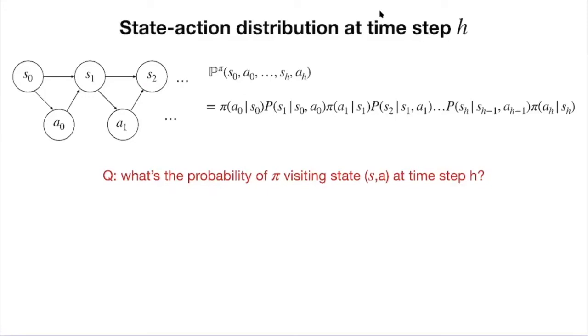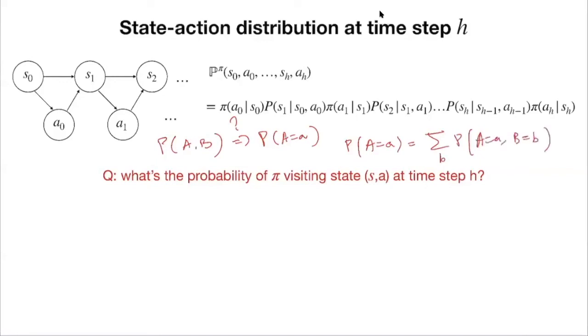All I'm saying is that if I give you a giant distribution over two random variables A and B, and I ask you for the probability that the random variable capital A equals little a, you can do this marginalization step, which is P of A equals little a equals the sum over b of the probability that A equals little a and B equals little b. This is just a marginalization step that marginalizes away a random variable that you don't care about.